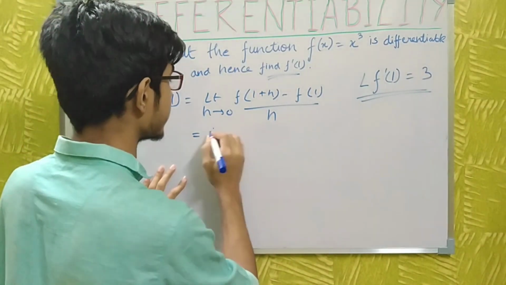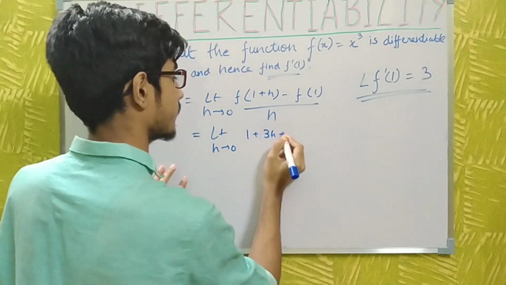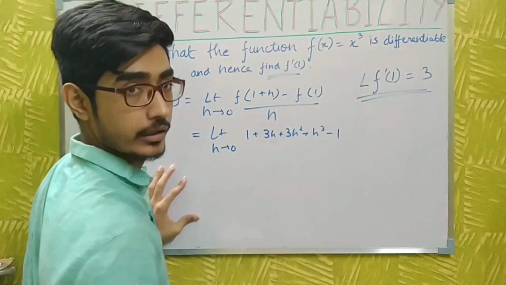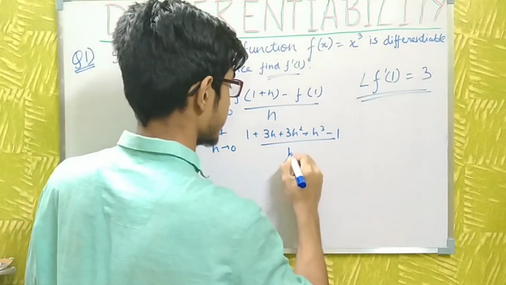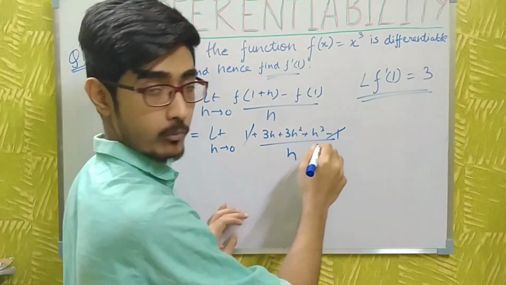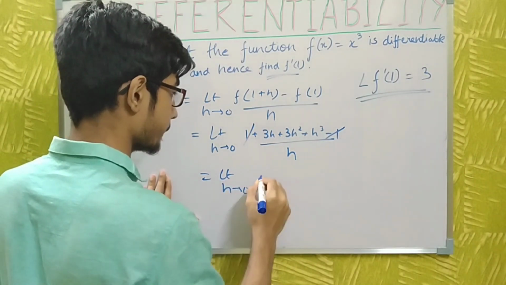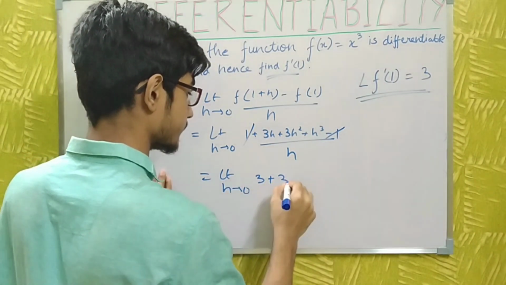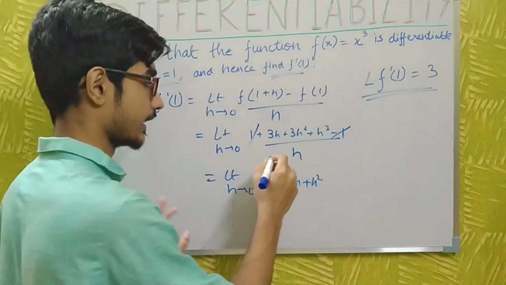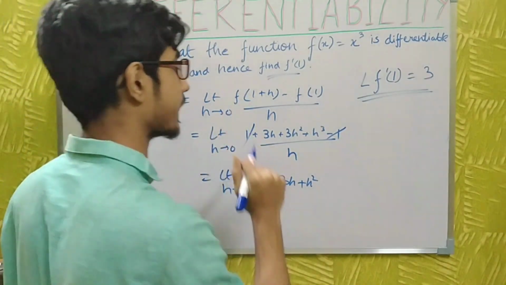So I am directly writing limit h tends to 0 of 1 plus 3h plus 3h square plus h cube minus f of 1, which is 1, by h. So 1 and 1 cancel, and from here h will be common and h will be cancelled. So it will be limit h tends to 0 of 3 plus 3h plus h square. And here there is no minus, so I am not multiplying numerator and denominator by minus.